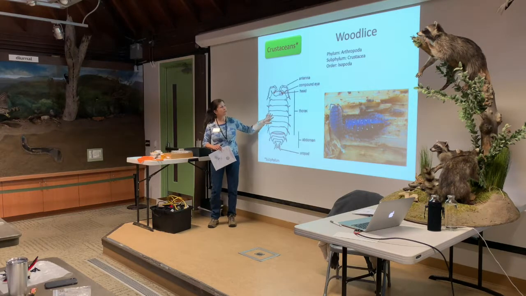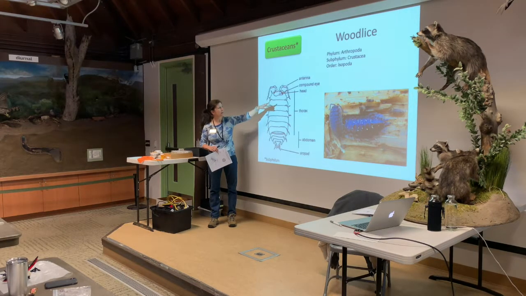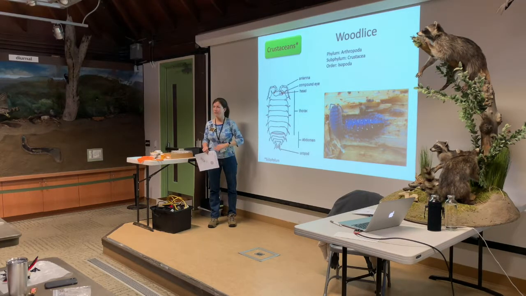So it's a crustacean. They call it an isopod. It has the same little feet on different sides. It's not as obviously segmented as some of the things we're going to be looking at, but it has a head and a thorax and an abdomen.